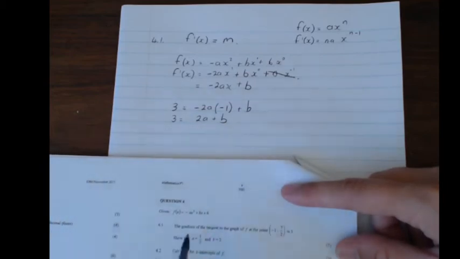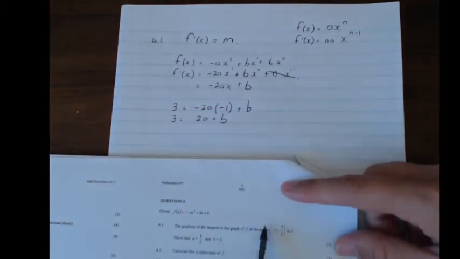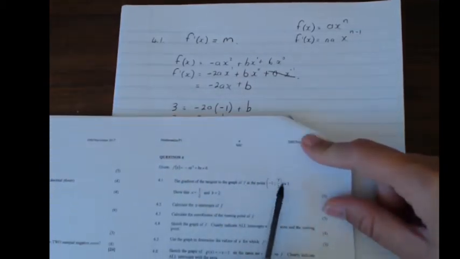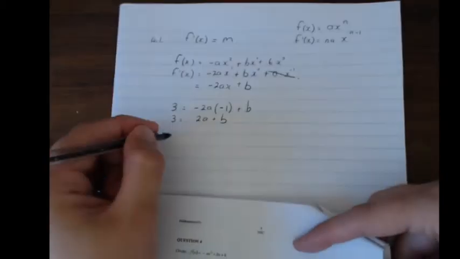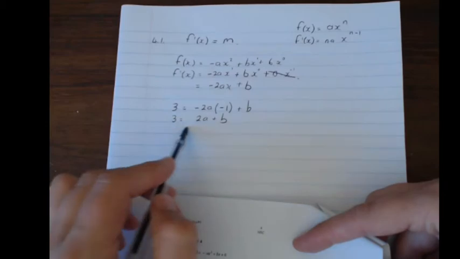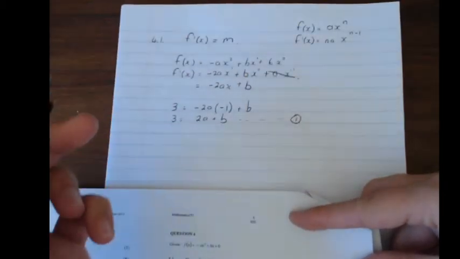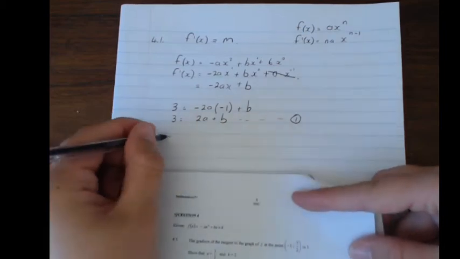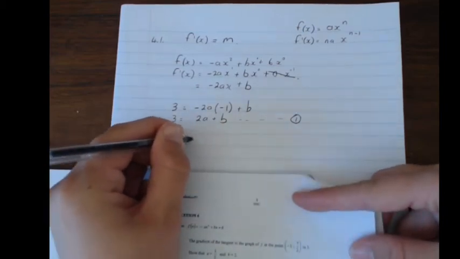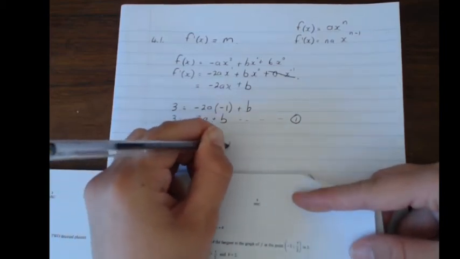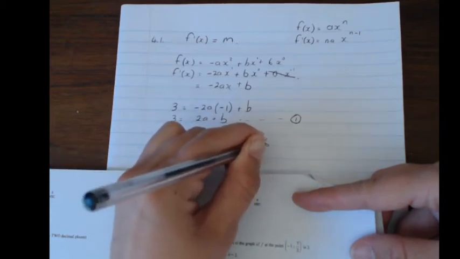I'm going to need another equation. This point (negative 1; 7 over 2) lies on the graph of f, so I can substitute it into f as well. This part is equation 1, and I'm going to mark it because I'm going to need it. Then f(x) is minus ax squared plus bx plus 6.